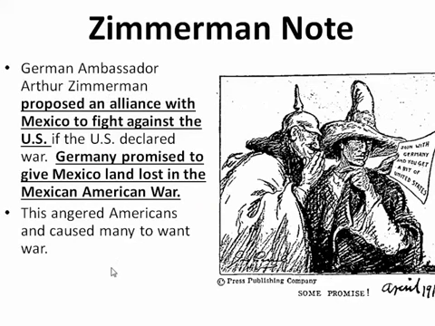In it, Zimmermann proposed an alliance with Mexico, saying that if the United States joined the war and Mexico declared war against the United States, then at the conclusion of the war, when Germany had victory, it would give Mexico a lot of the land it lost in the Mexican-American War. This is going to anger a lot of Americans and make them want even more to declare war on Germany.